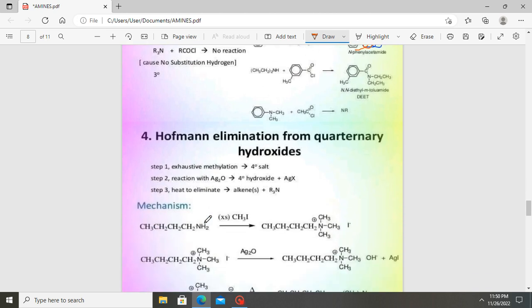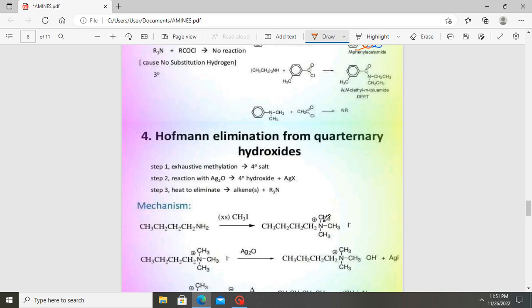Another known reaction of amines is what we call Hofmann's elimination from quaternary hydroxide. A quaternary hydroxide is an ammonium ion where nitrogen has four alkyl portions. So this is a typical quaternary hydroxide. If you react this amine with excess of this, you're going to produce a quaternary hydroxide.